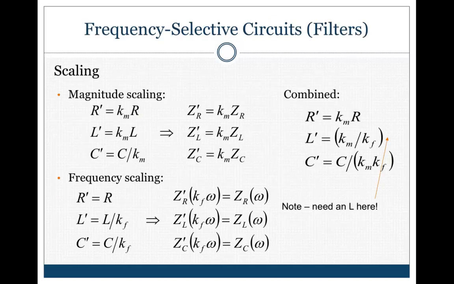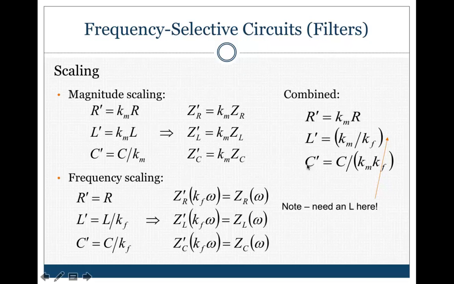It turns out that usually you want to do both frequency and magnitude scaling, and so these can be combined. Here's a summary of magnitude scaling, a summary of frequency scaling, and over here is what happens if we combine the two types. Combining the two, our new resistor value would be our magnitude scaling factor times our old resistor value.